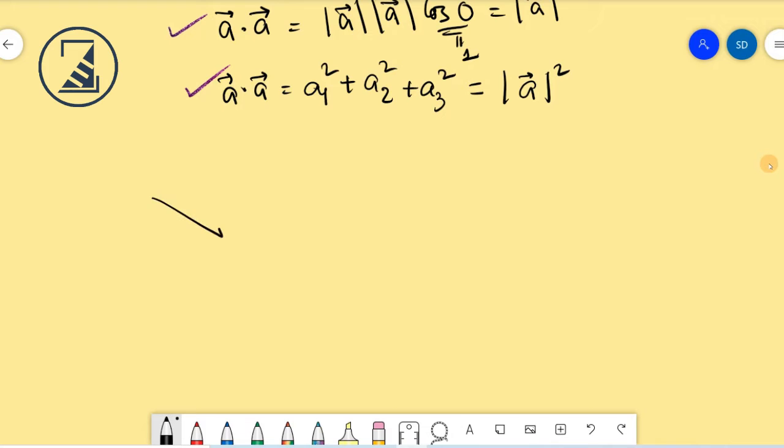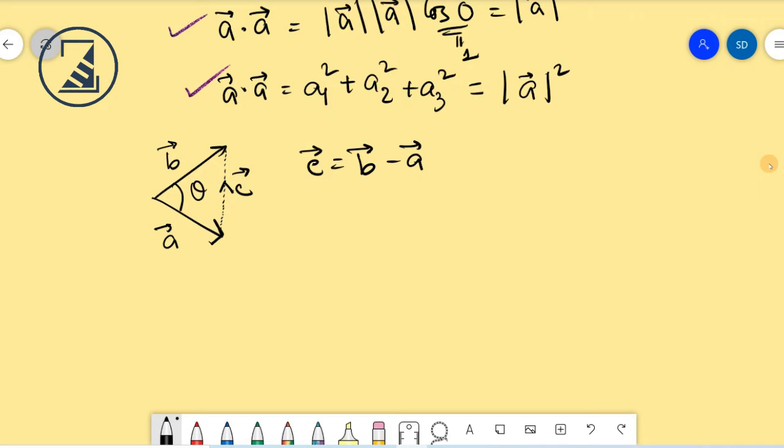Say this is my a vector and this is my b vector, and this is the angle between a and b. Well, we can also construct a line between a and b, and let's name this c vector. From this diagram, we can write down c is b vector minus a vector.